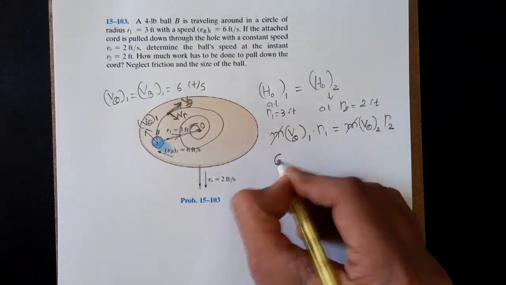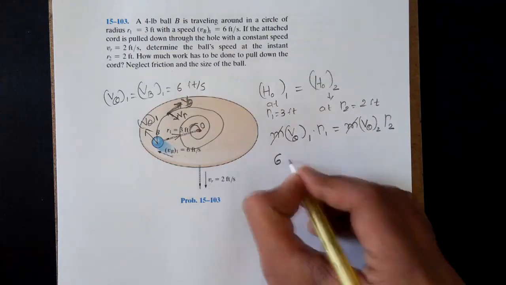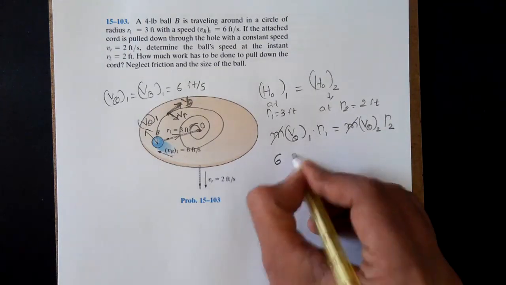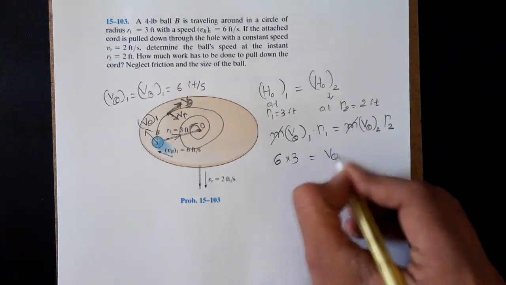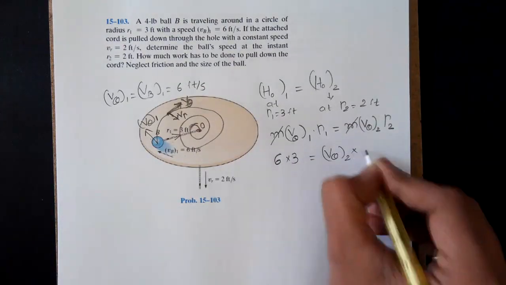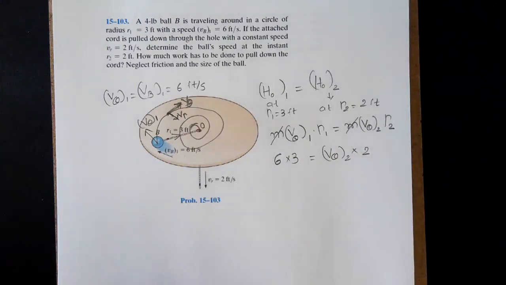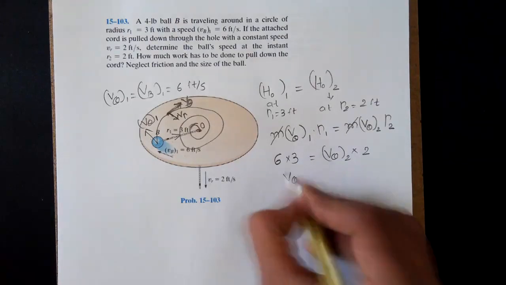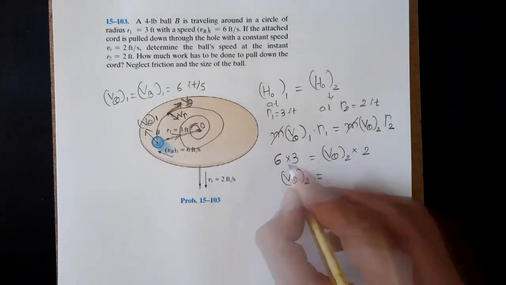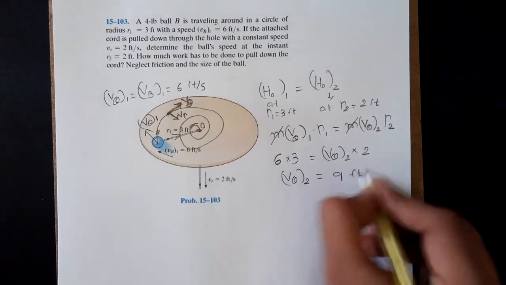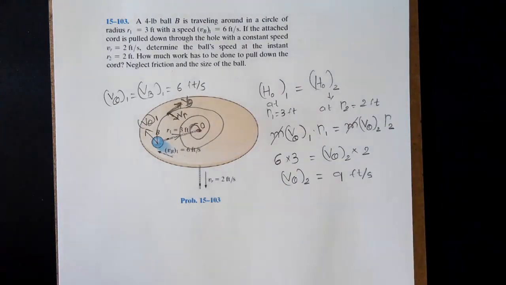Now this velocity component we know initially, that is 6 feet per second multiplied by 3 feet is equal to v theta 2 multiplied by 2 feet. So as per this calculation, v theta 2 is 18 divided by 2, so it's 9 feet per second.